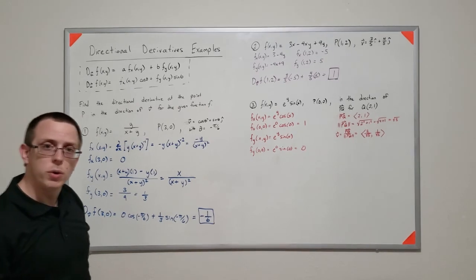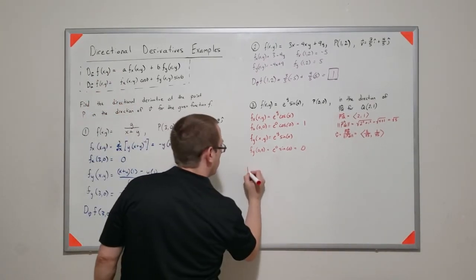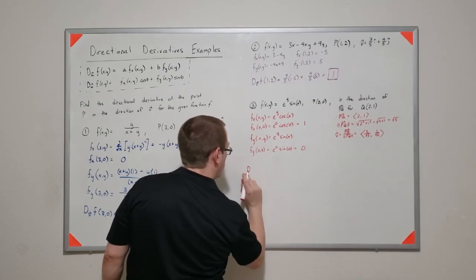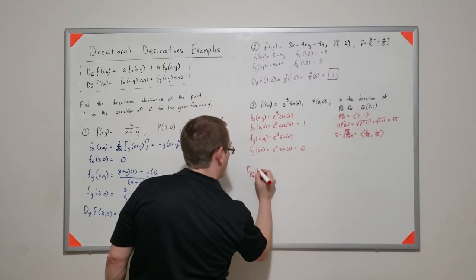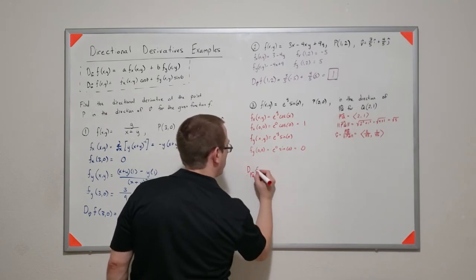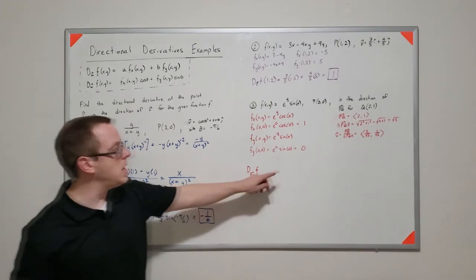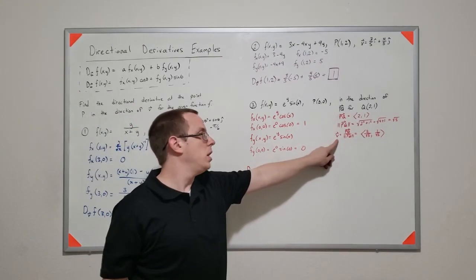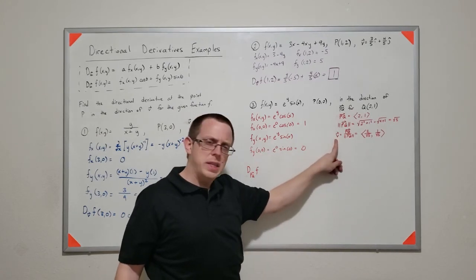So then going through, we fill this out, again using this formula. So the directional derivative, or the derivative in the direction of PQ. Now I do want to point out something here. I use PQ even though I wrote v as this. This is very explicit.